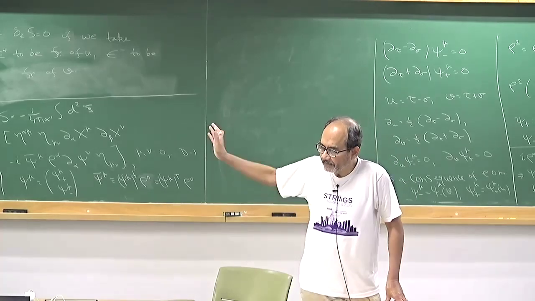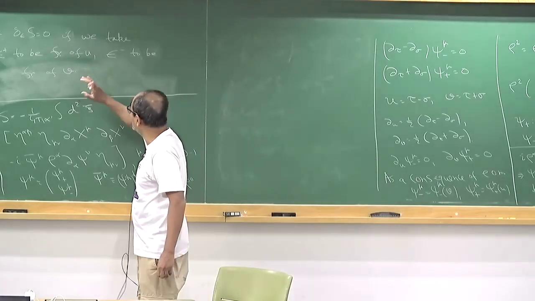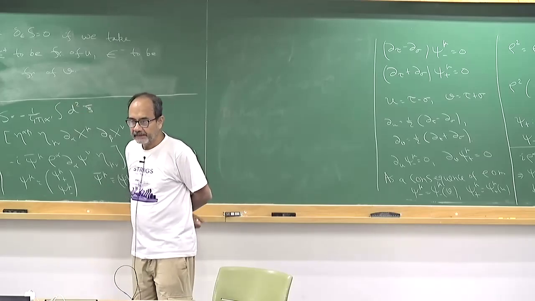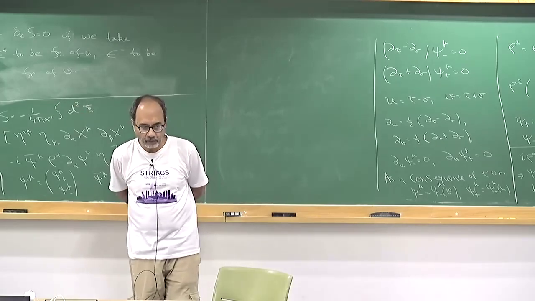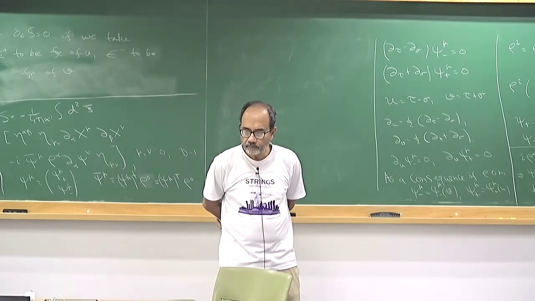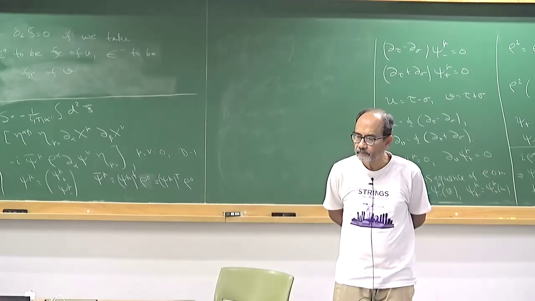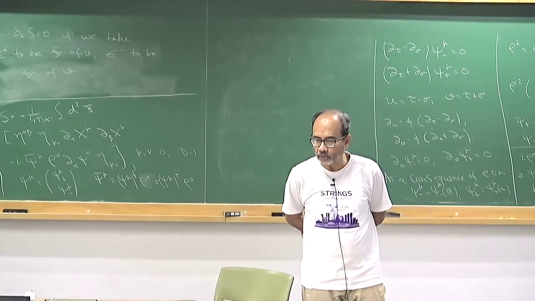So the fact that you can take epsilon plus to be a function of u and epsilon minus to be a function of v is a generalization of the conformal symmetry that we have in the worldsheet theory. Generalization in what sense? That they are u and v dependent transformations.